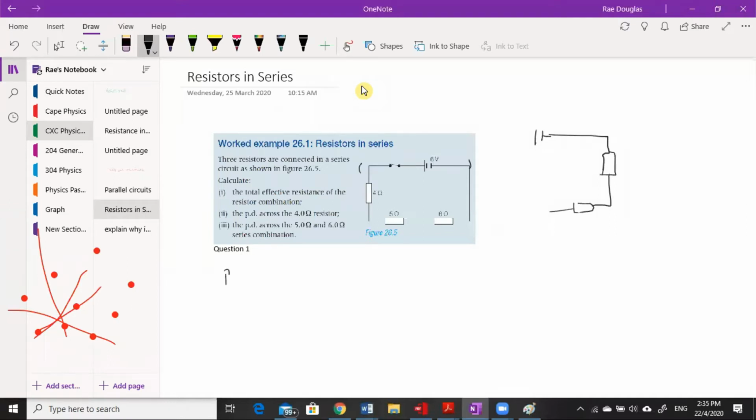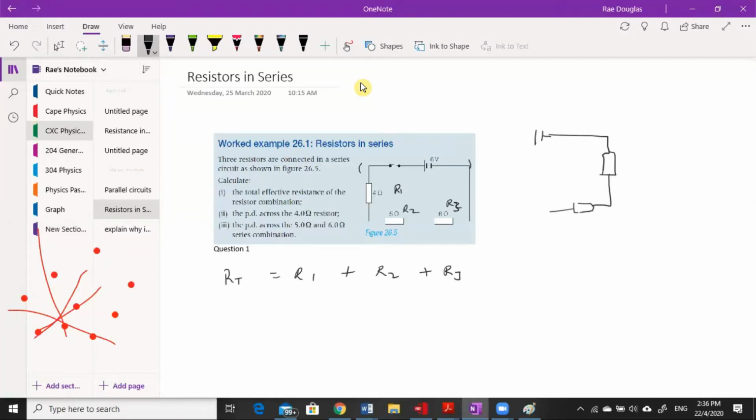So RT, which is our total resistance, is going to equal the sum of all the resistances inside the circuit. We're going to denote these as R1, R2, and R3. So R1 plus R2 plus R3 is going to give me my total resistance.